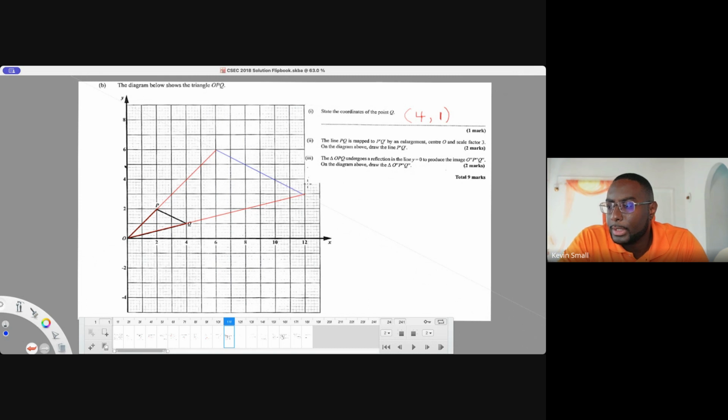This is what they are looking for. This line right here is the line P prime, Q prime. Okay, so that is it. Let me put P prime and Q prime. All right, so that is the answer for that.